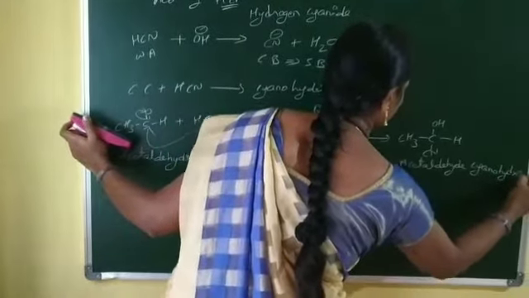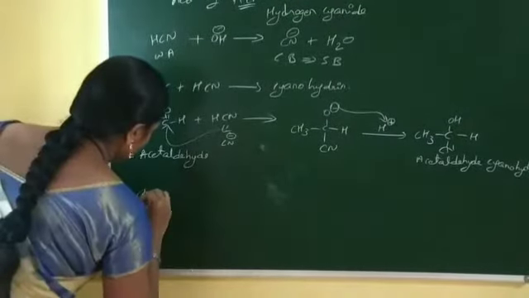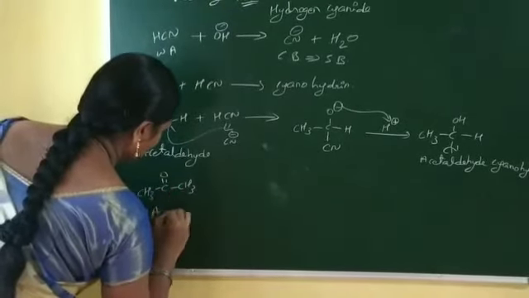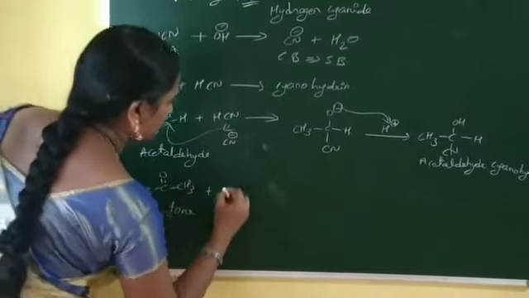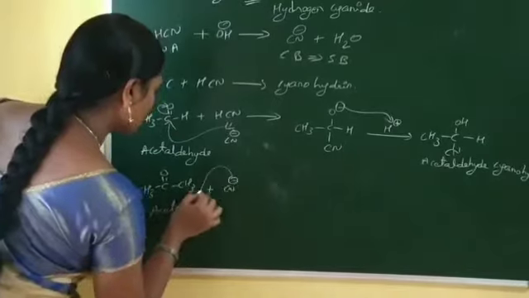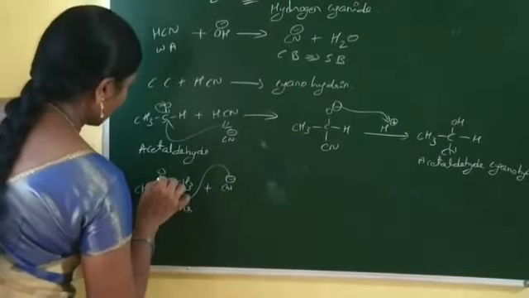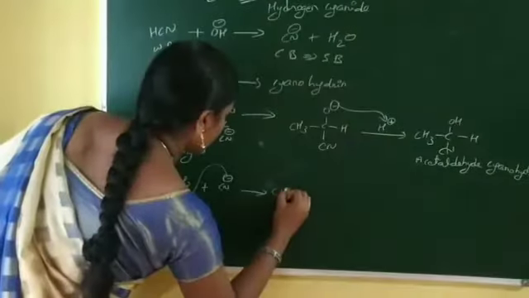Now you take the ketone form. You take acetone. Now acetone is treated with HCN. The HCN gives the CN minus nucleophile. The CN minus nucleophile directly adds at the partially positive carbon atom, and immediately the double bond shifts to the oxygen side to form an oxyanion.